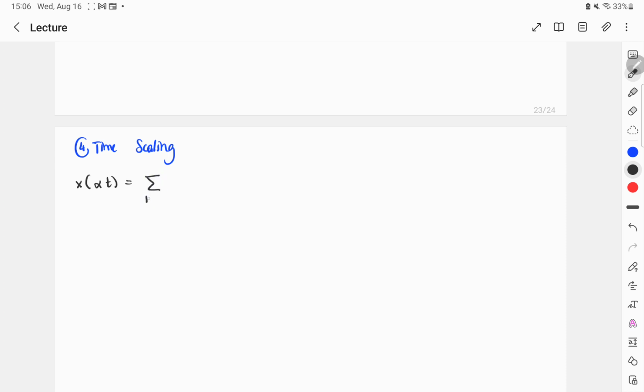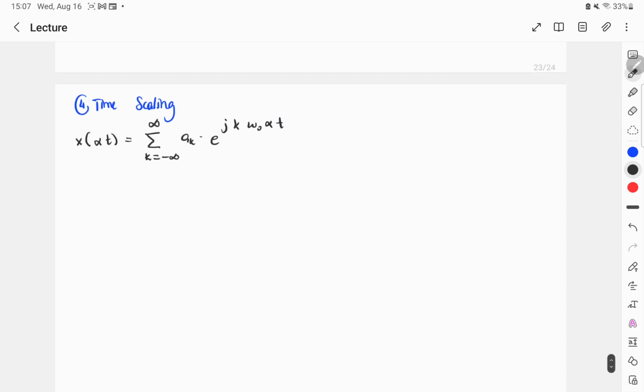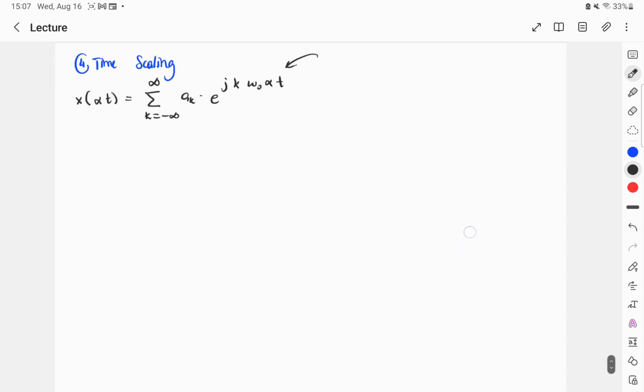Let me write it here. The sum over k from minus infinity to infinity of a k times, as you remember, we used to do it like this, but instead of t, we will write alpha t. That is the only difference. So here, as we can see, there is no difference in the coefficient, but the nature of the signal has changed because the exponential has changed.